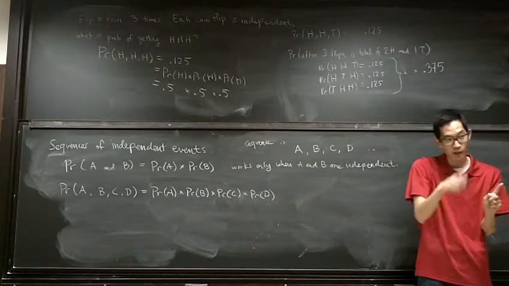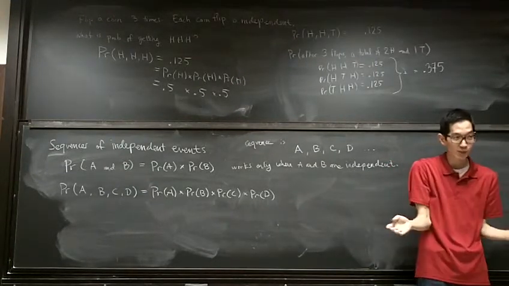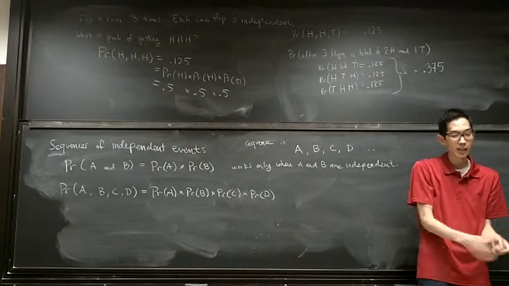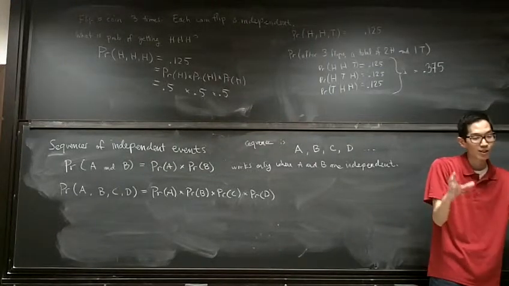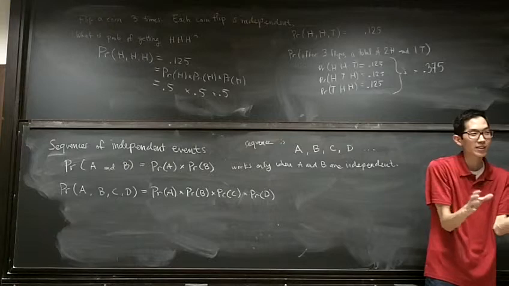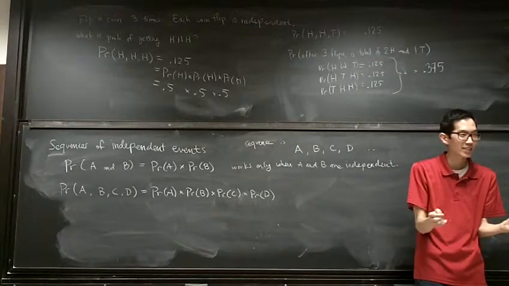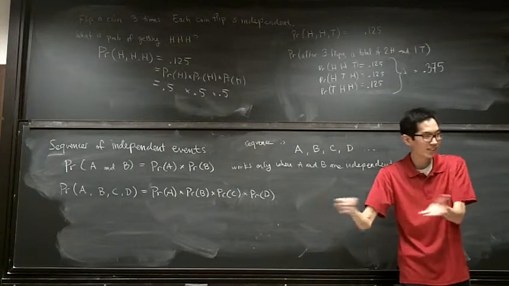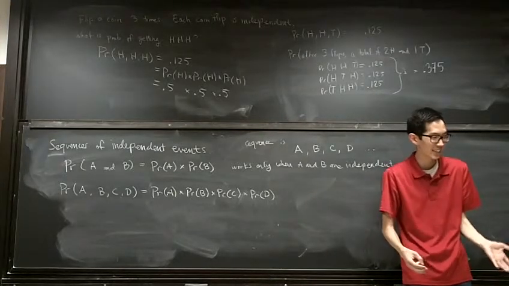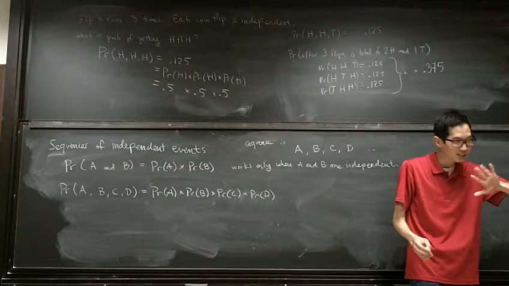Each individual flip is independent of the other flips, but when you look at the 3 flips together, they're not independent of other things that could have happened. So don't complicate it too much.